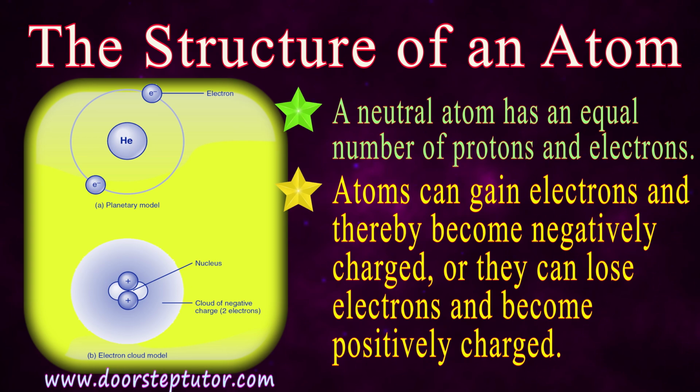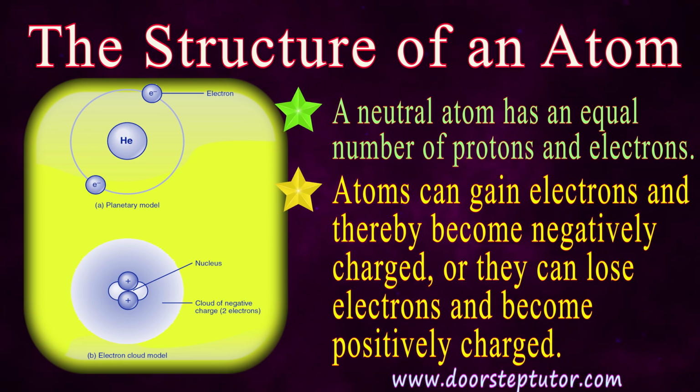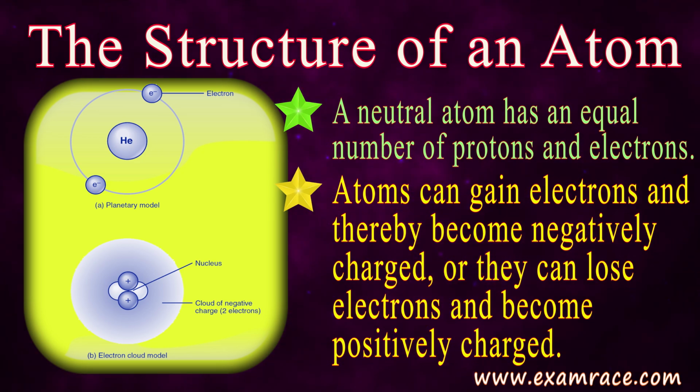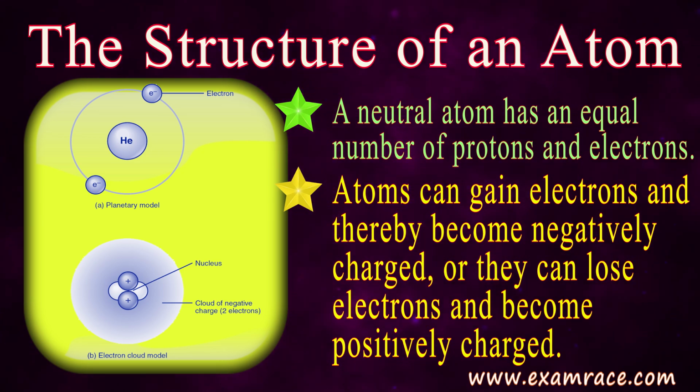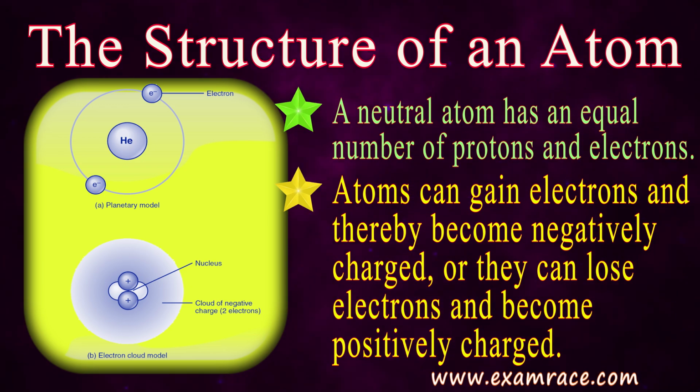The red balls with positive charge are protons and the orange balls are neutrons, and together they make the nucleus, and they are surrounded by the electron cloud which is shown in blue color. So this is the structure of an atom.